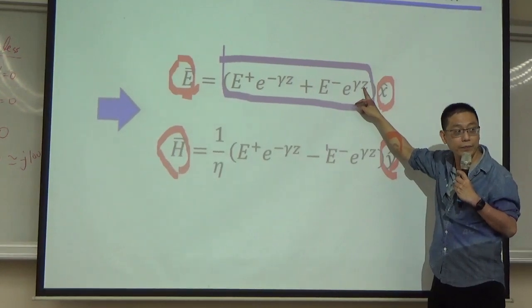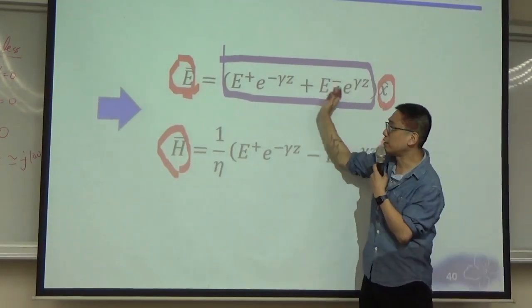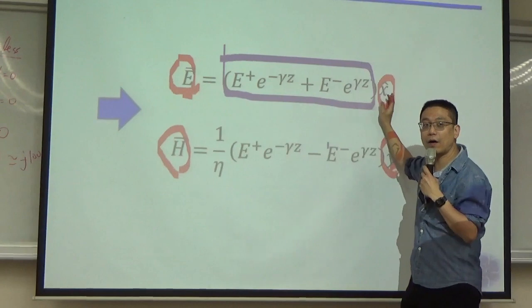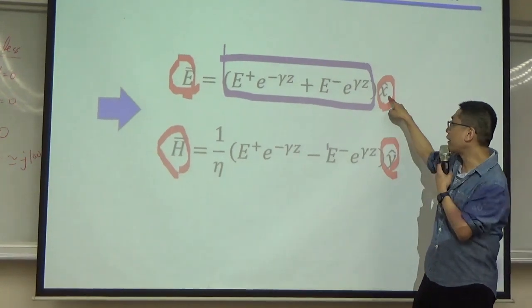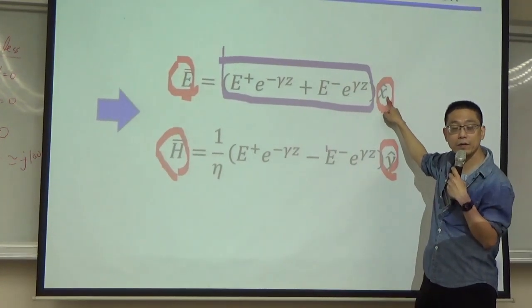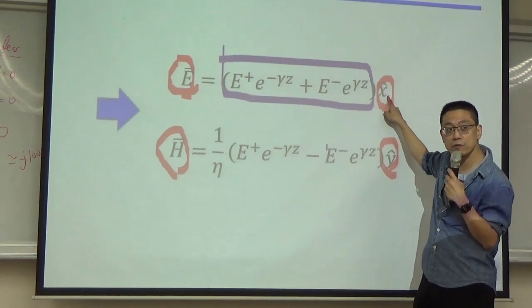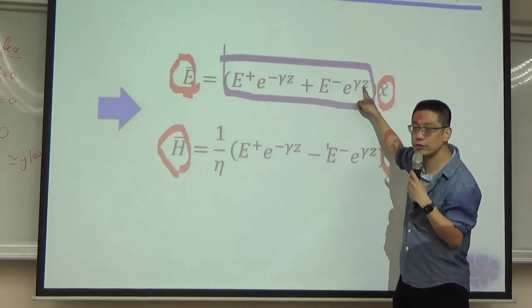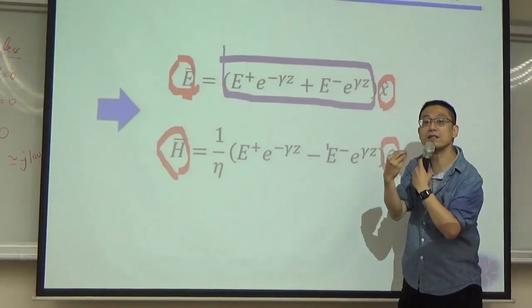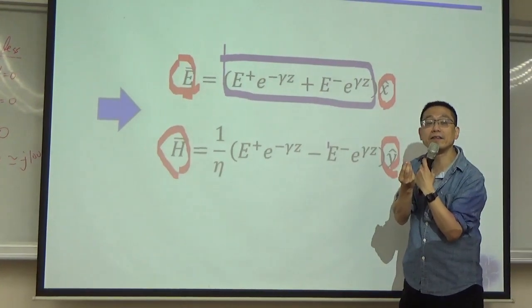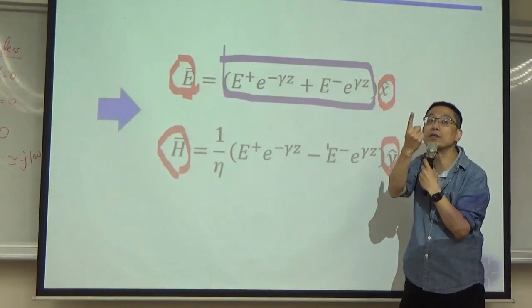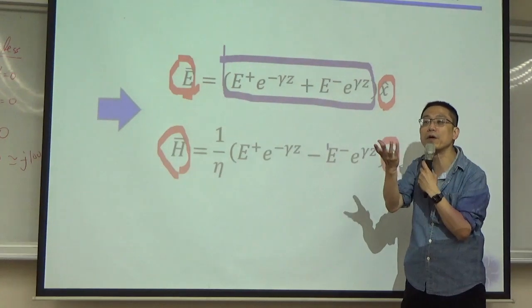Remember? Your vector has only the component of x, but your E field is moving in the direction of z. It is simplified, because I need to give you a direction for a plane wave.